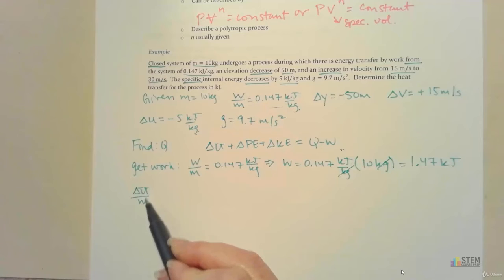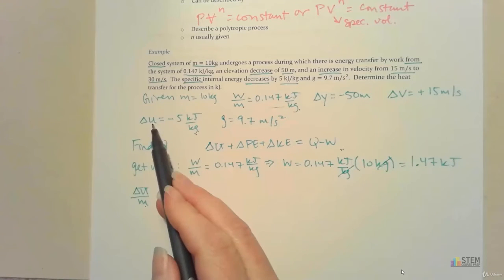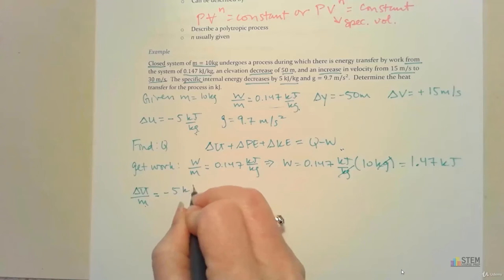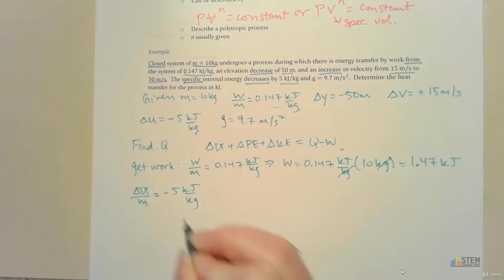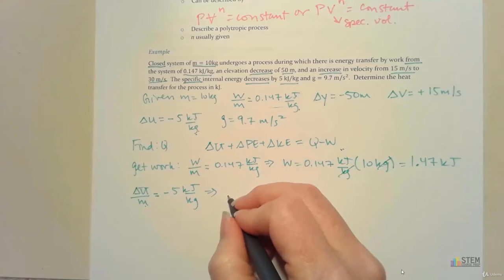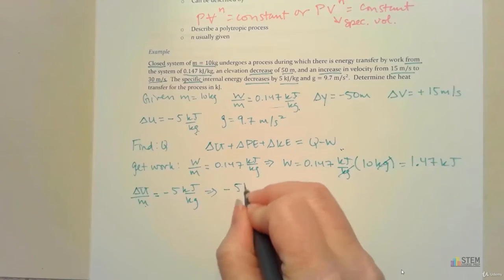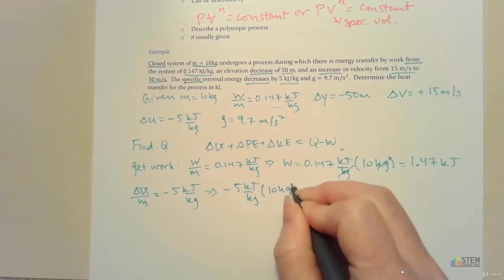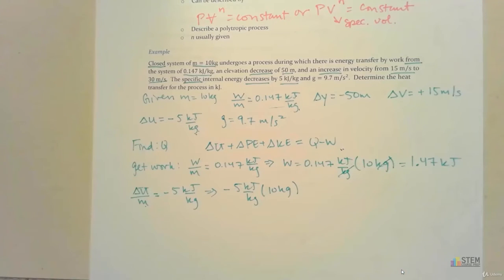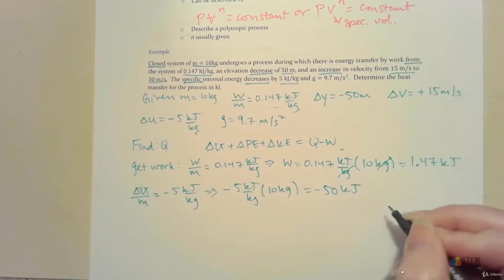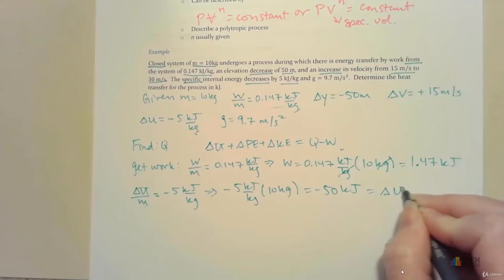Delta capital U over m gives you this delta u, which is set equal to -5 kilojoules per kilogram. So all we need to do is take -5, multiply it by the mass. That gives us delta capital U. So -5 times 10 kilograms gives you -50 kilojoules, and this is your delta capital U now.